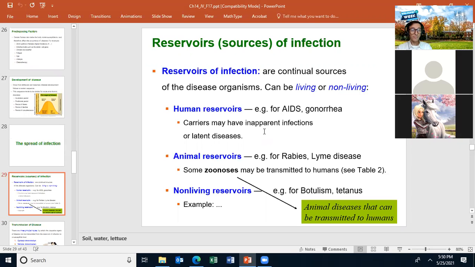For example, AIDS only comes from other humans, as well as gonorrhea. So the reservoir has to be a living reservoir. And in fact, it has to be a human reservoir. Humans are very good reservoirs for human diseases. And some diseases have to come from only humans.